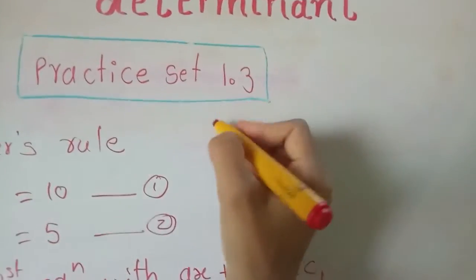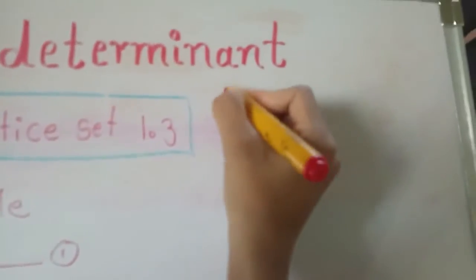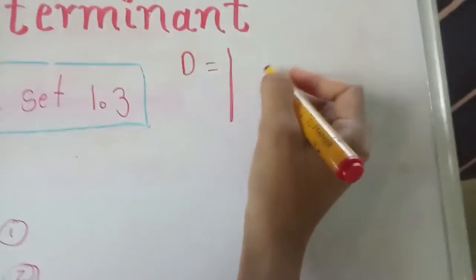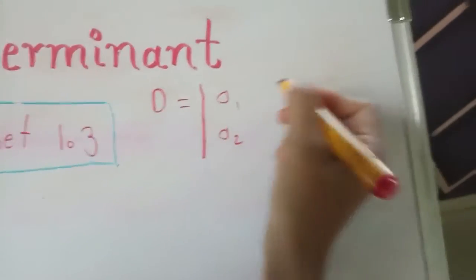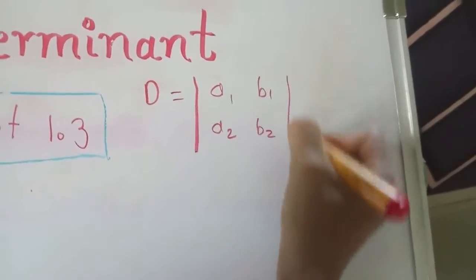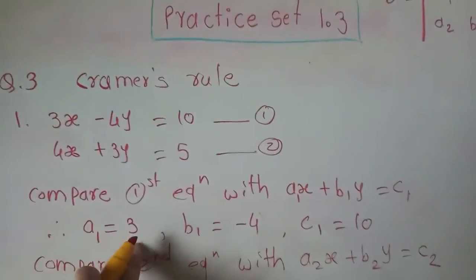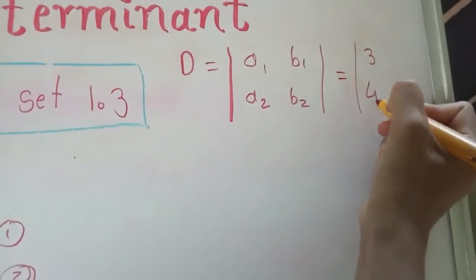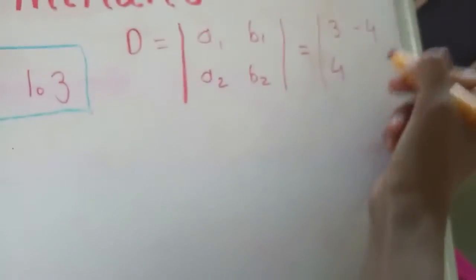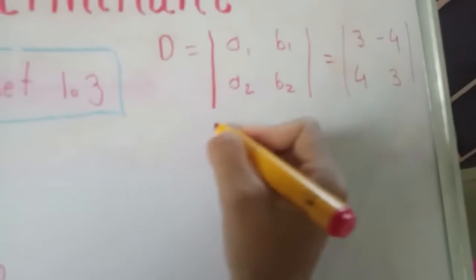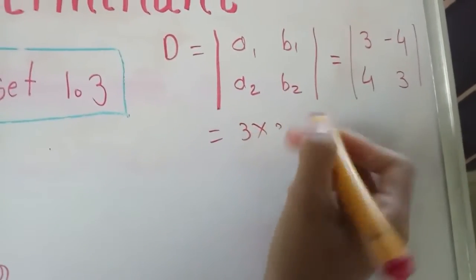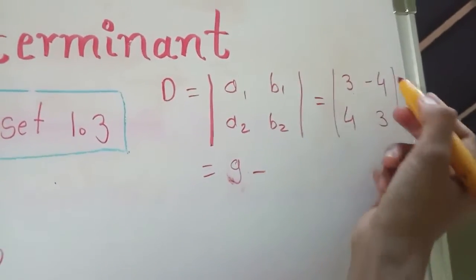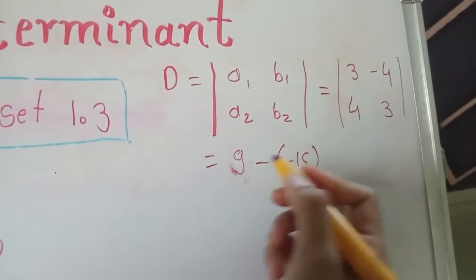So, to find the value of d, d is equal to determinant of a1, a2, b1, b2, which is 3, 4, -4 and 3, is equal to 3 into 3, 9, minus 4 into 4, minus 16.